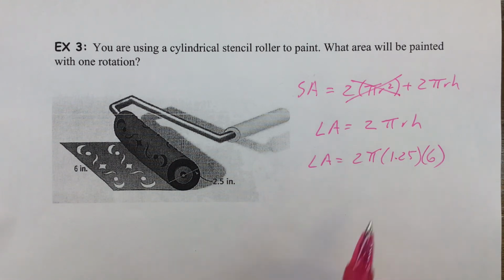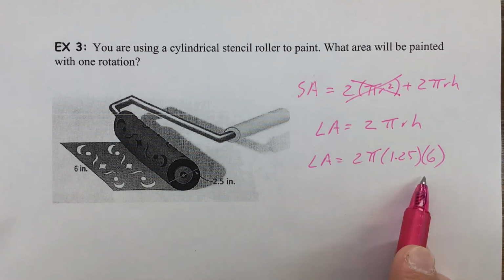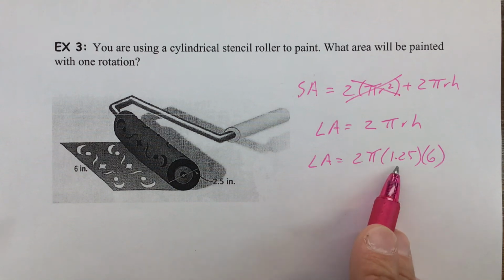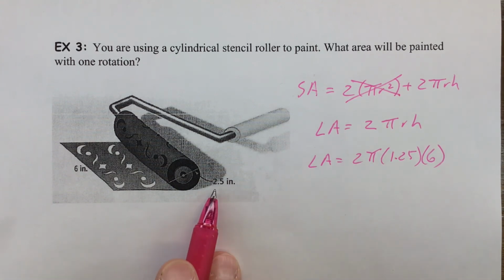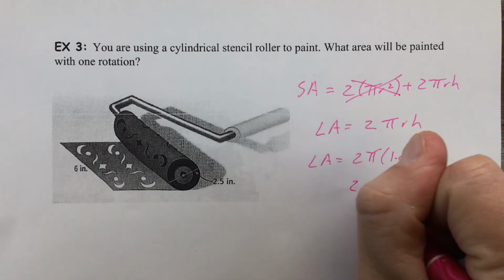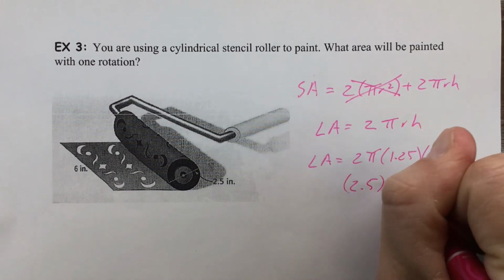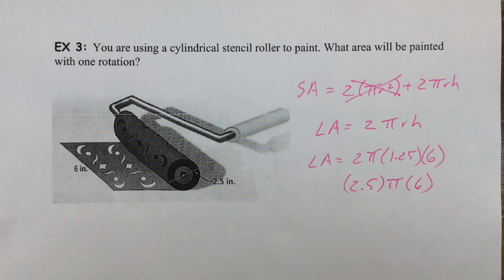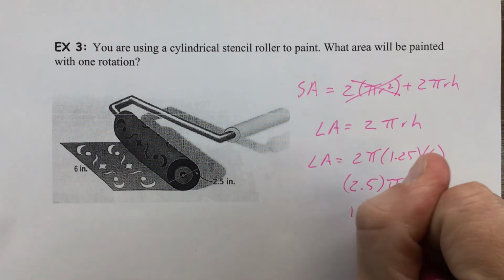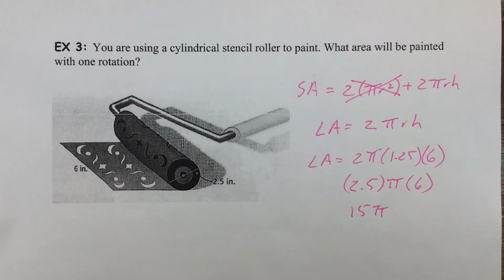To do this, I could just type the whole thing into the calculator, which is perfectly fine, but I want to show you a little bit of just the mental math that we could do. 2 times 1.25 is actually just going to get you back to the diameter, which was the 2.5. So we've got 2.5 times pi times 6. 2.5 times 6 is going to be 15. So this is 15 pi.